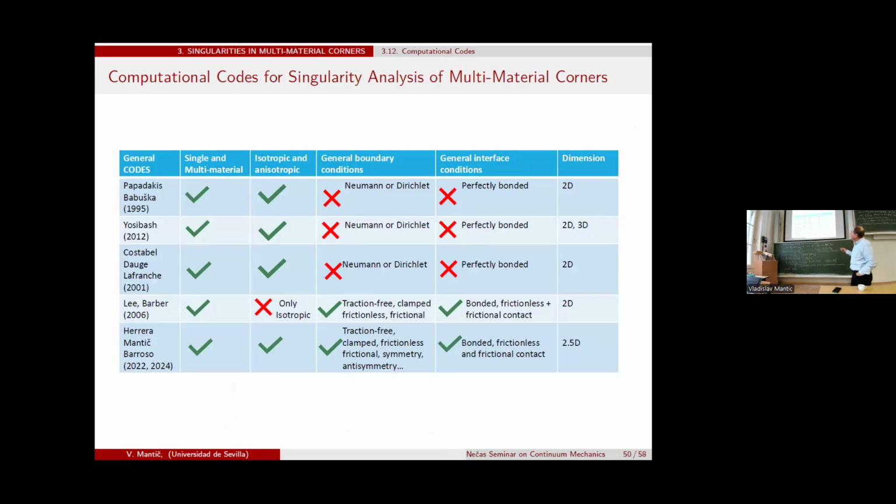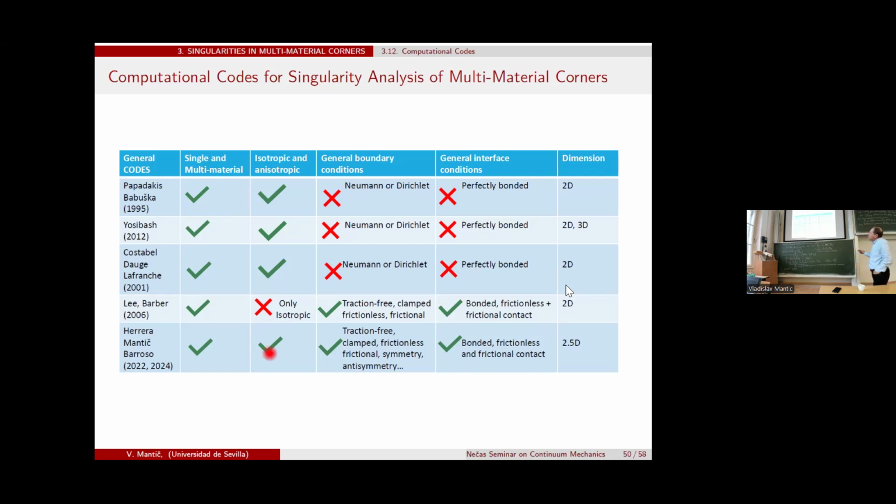If we compare our code with previously developed codes in the published literature, you can see that all of them are focused on a single multimaterial case. Some of them are not able to solve anisotropic problems. Some have limited variability of boundary condition or interface condition they consider. And some of them are just for plane problems.